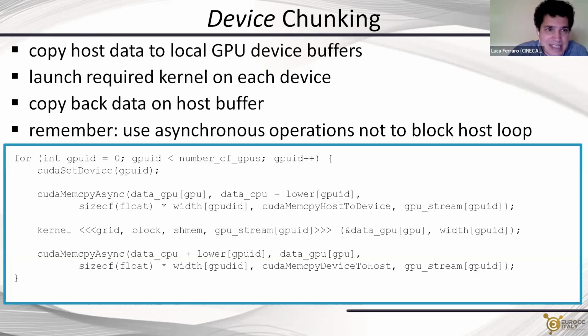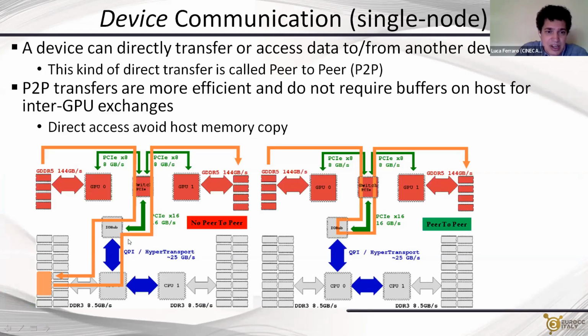The CUDA SDK, for example, offers an API which lets you exchange data from a device's global memory onto another device's global memory directly, without passing through the memory of the host. Okay, this direct transfer is called peer-to-peer transfer, often abbreviated as P2P.